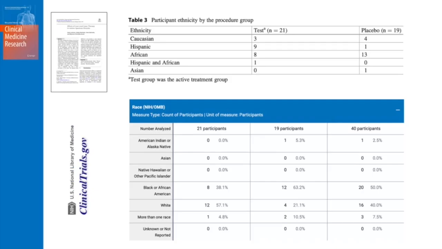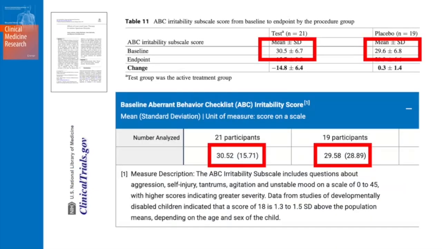So basically, yes, we have some kind of discrepancies between the registry, and you have some discrepancies on other results. For instance, on this ABC irritability subscale, which is the main endpoint of the study, on the baseline measurement, you can see that the means are the same between the paper and clinicaltrial.gov, but the standard deviations are not the same.